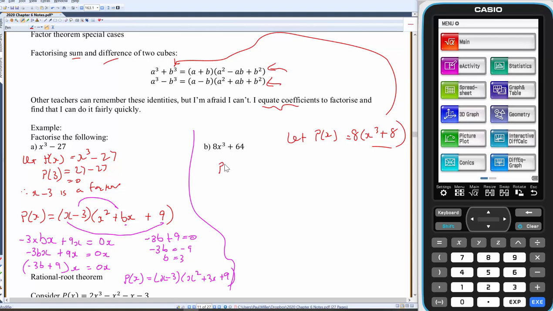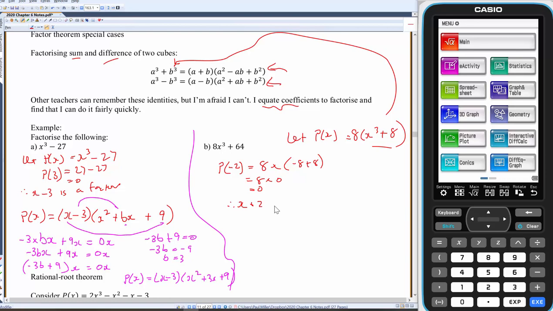So I'm going to say that p of, now what am I going to do? I need this to be 0. So p of negative 2 equals 8 times negative 2 cubed is negative 8 plus 8. That is 8 lots of 0, which is 0.